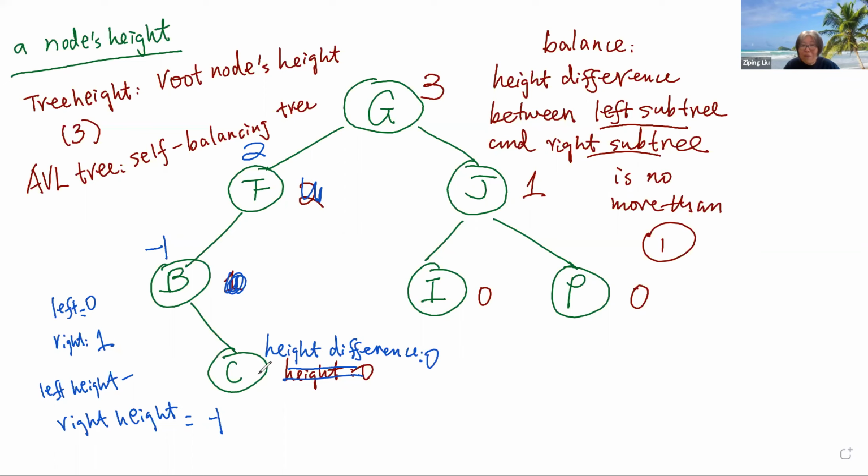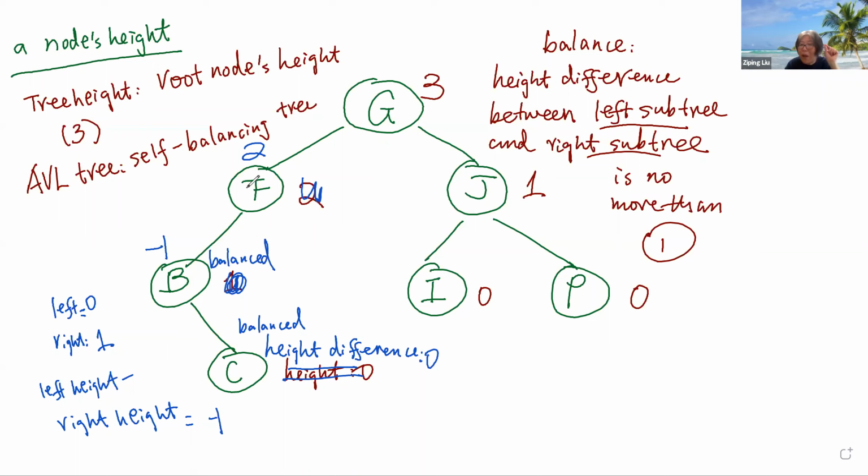Then when we consider node C, does it meet the balance definition? It meets it, because the height difference is 0. So it's balanced. And node B, the height difference is 1, so it's balanced.